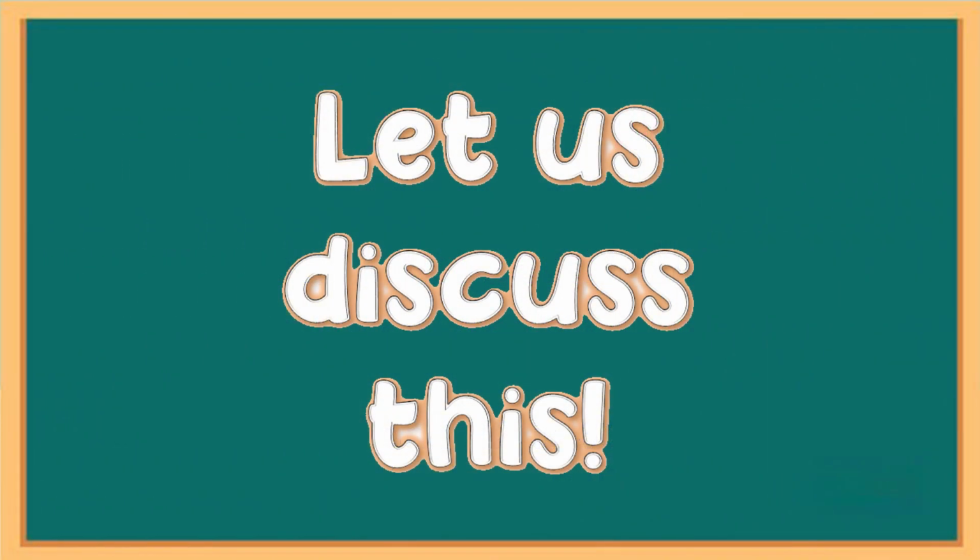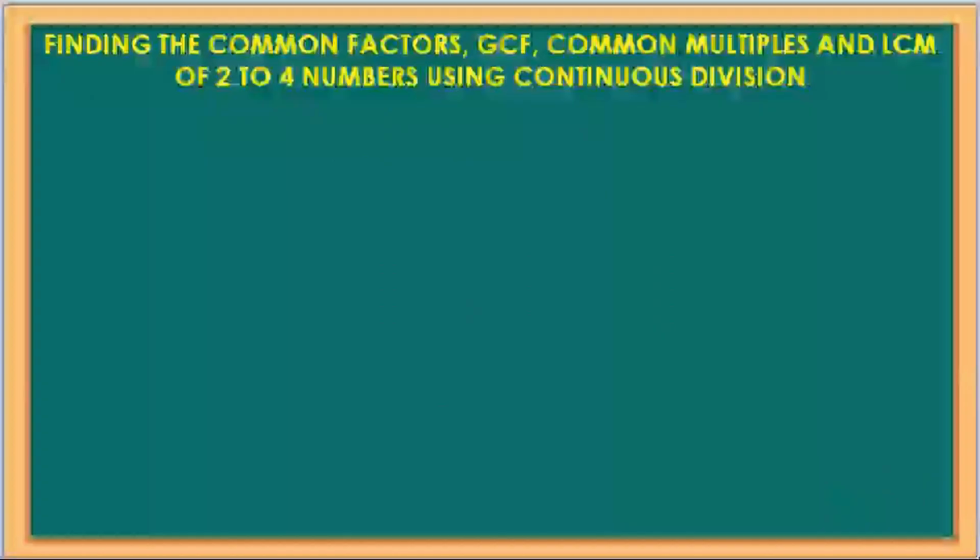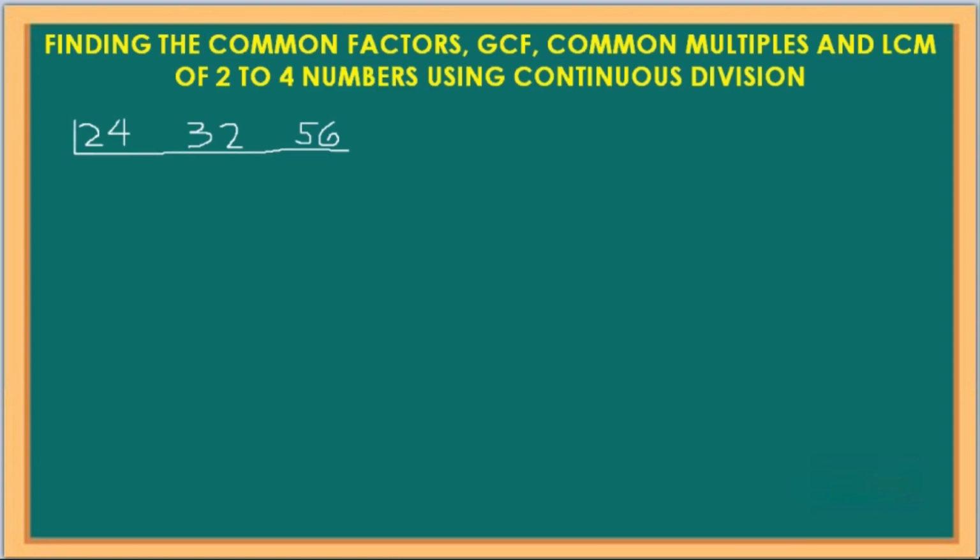Let us discuss this. Find the GCF of 2 to 4 numbers using continuous division. Suppose we have 24 and 32 and 56. Let us use the continuous division. This is the symbol.